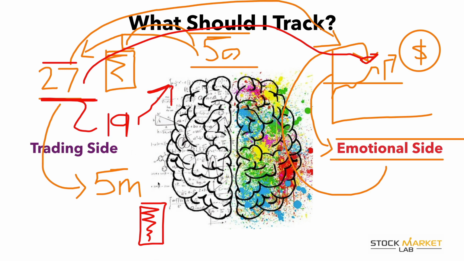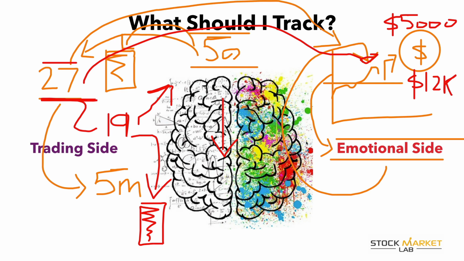So basically, if you did not let your emotions get in the way because you saw a red candle, you saw your profits going down, and you held on to those trades, instead of making an overall $5,000, you would have maybe made, I don't know, let's say 12, right? So when you start tracking, you start realizing these small things, and you're like, wow, this small little mistake or this small little idea of trading that I understand completely wrong is really messing with me.